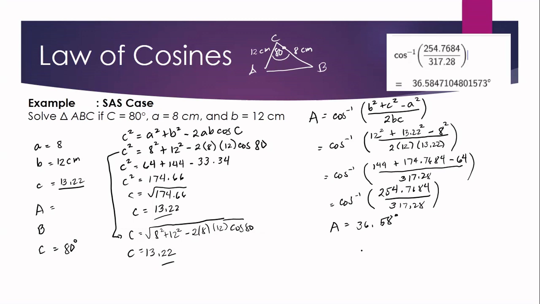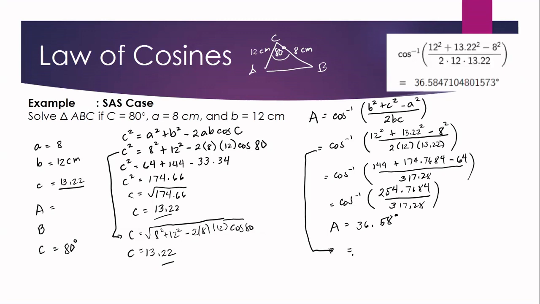But then again, katulad dito sa ating side C, kung ayaw nyo na kunin yung value na isa-isa, 12 squared, i-add, i-minus, tapos i-divide pa, then kunin ang cosine, pwede nyo namang pindutin sa calculator yung buong ito. So, ito mismo na expression na to, you can write it in the calculator.